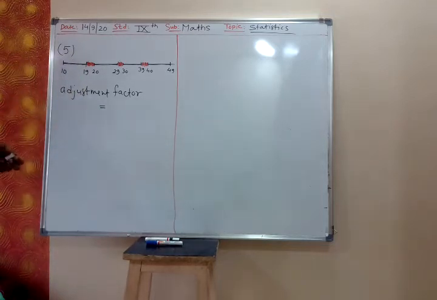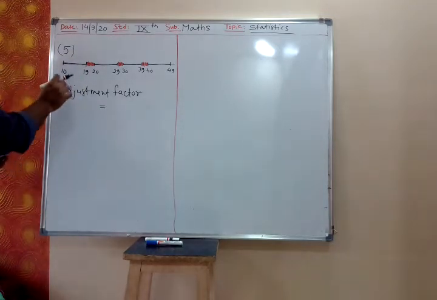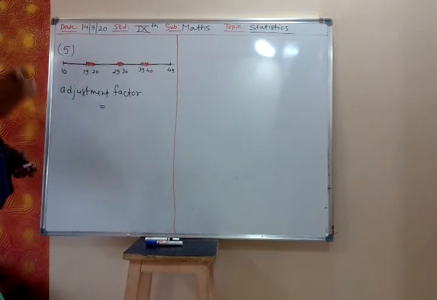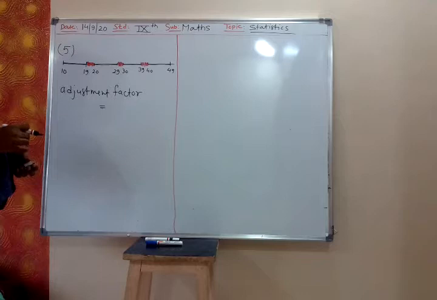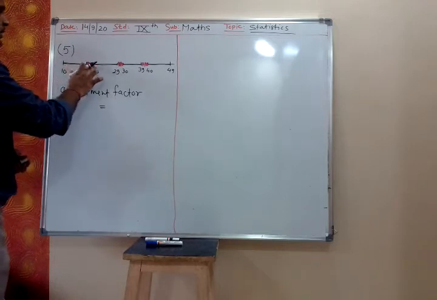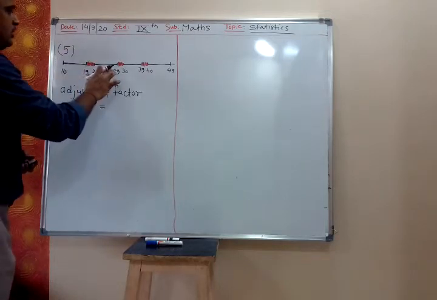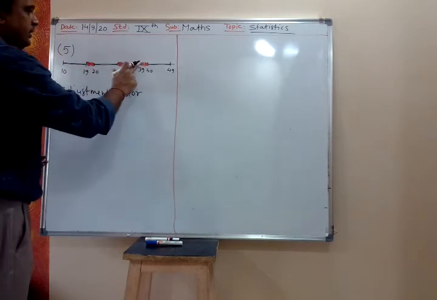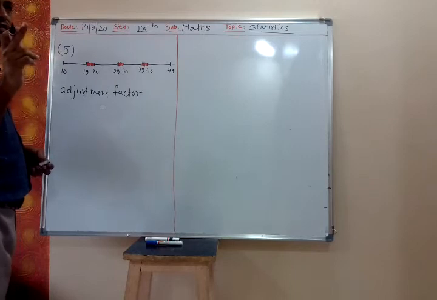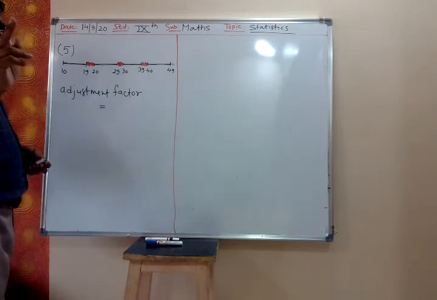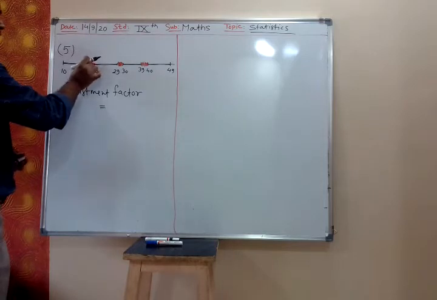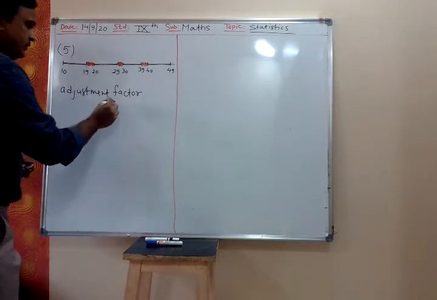Now how do we calculate the adjustment factor? Between 19 to 20, how much is the difference? 1. 29 to 30, the difference is 1. 39 to 40, the difference is 1. That means the difference between two consecutive class intervals is 1.